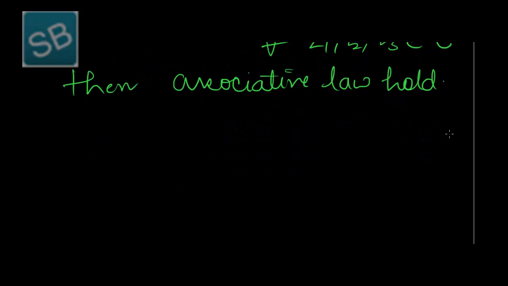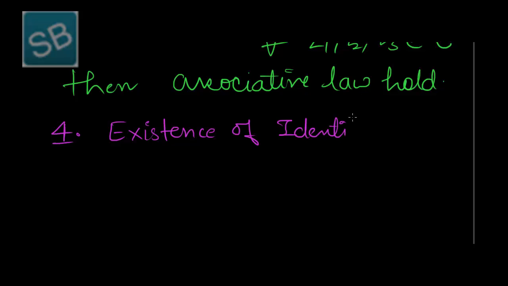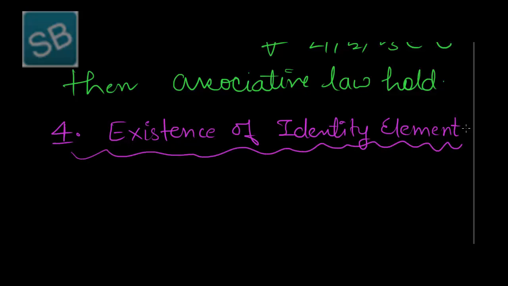Now the next one, the fourth property, is the existence of the identity element. What is meant by identity element? That element which when added to the given number does not alter the number is called the identity element.